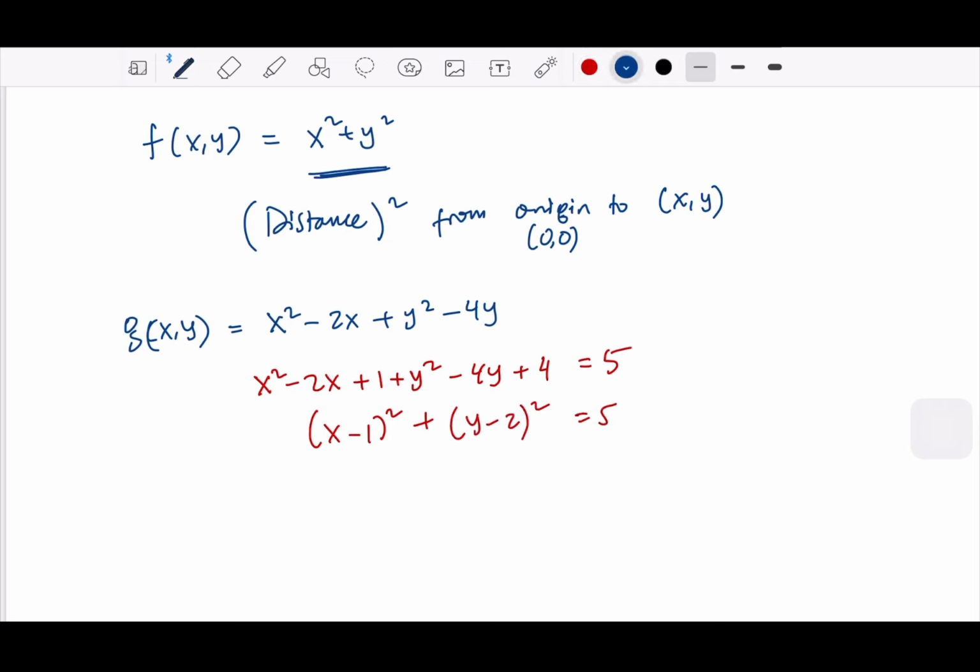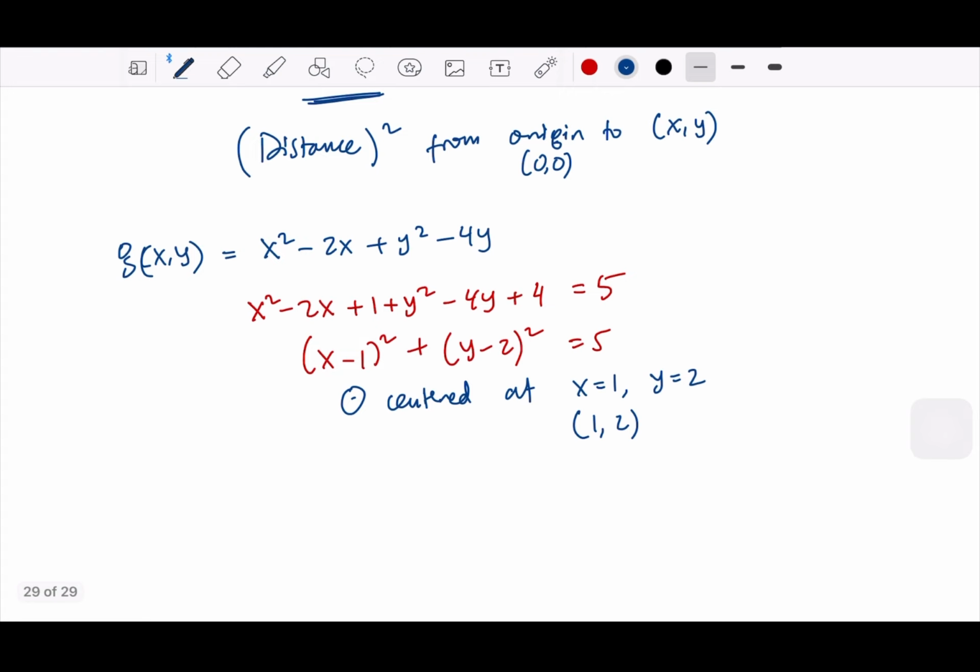So this is a circle equation, centered at x equal 1, y equal 2, or (1, 2), and the radius is square root of 5.